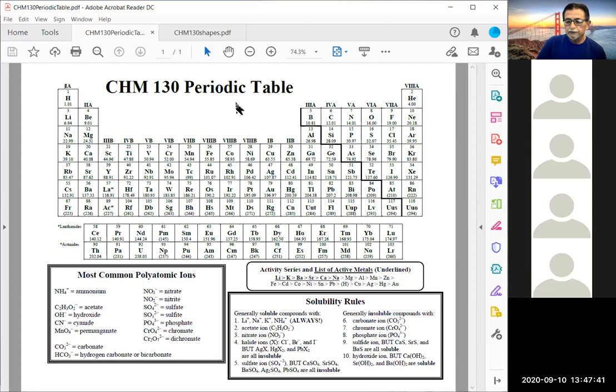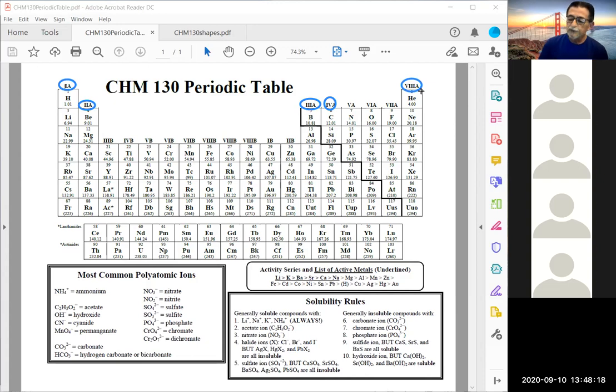If you look at the Roman numerals on top of the periodic table, going horizontally, they're called periods, but going vertical, up and down, they're called groups, and they're given a specific name, or I should say Roman numeral. Like this group here is group 1A, 2A, 3A, 4A, and all the way to 8A, okay?